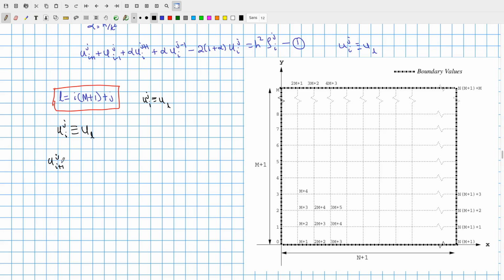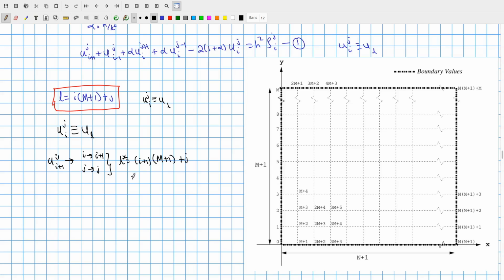In this case you are replacing i with i plus 1 and j with j only. Let me call this L star. L star will be (i plus 1) times (m plus 1) plus j.